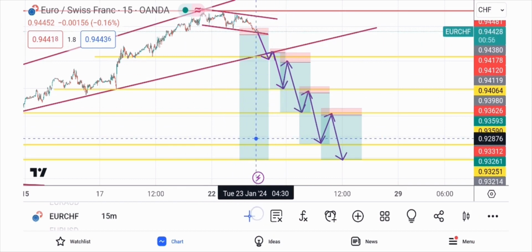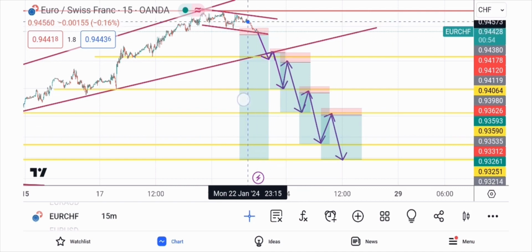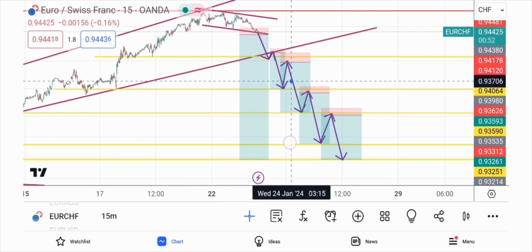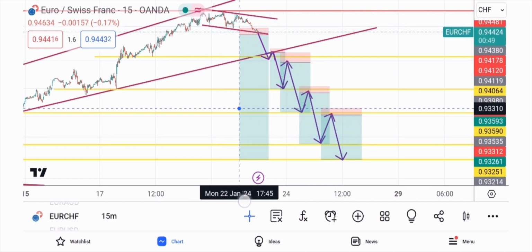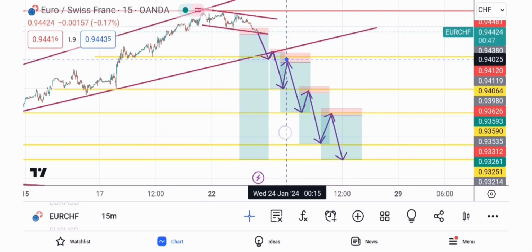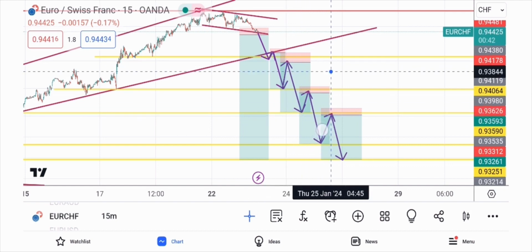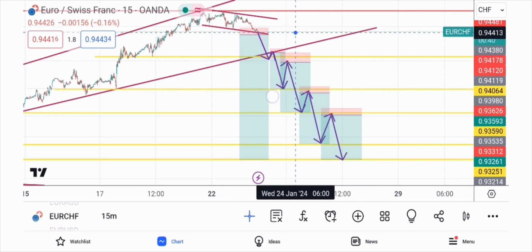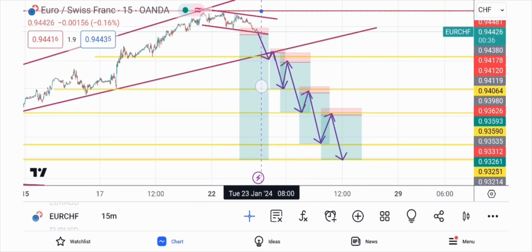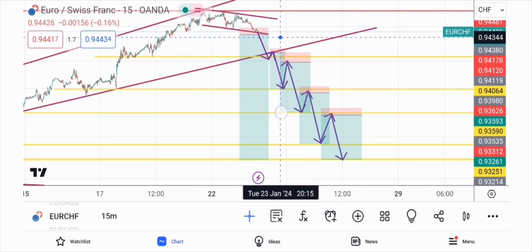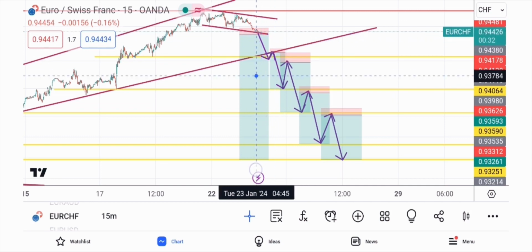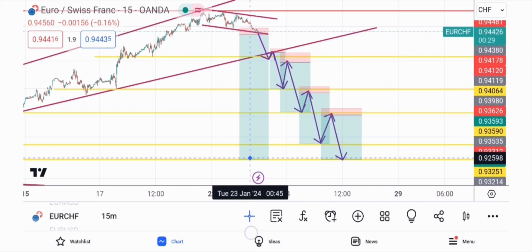So when I say we're gonna be trading Euro CHF for the whole week, I mean we're gonna be trading a sell on Euro CHF for the whole week, but we're gonna be taking some profits from it. We're gonna be taking short trades from this major target that we have. We're not gonna be putting in one position and then waiting for the market to reach that level after weeks or after a few days. We're not going to be doing that.